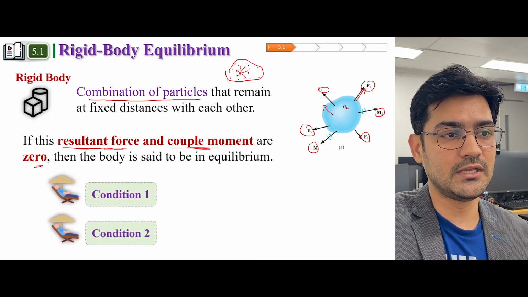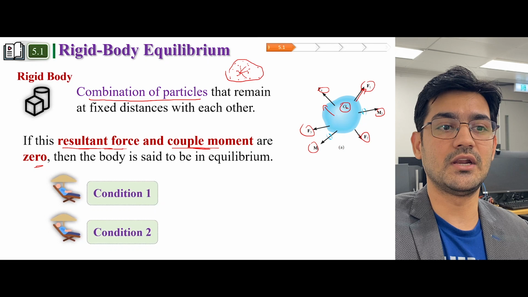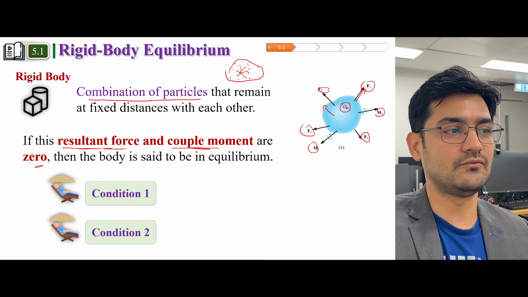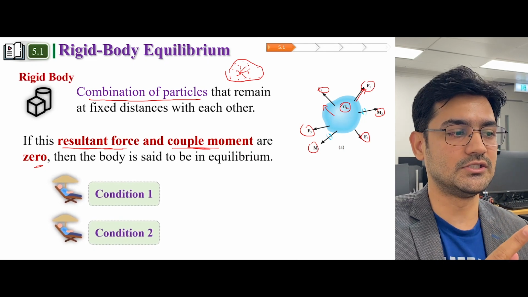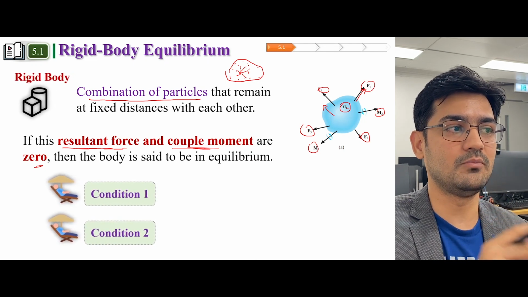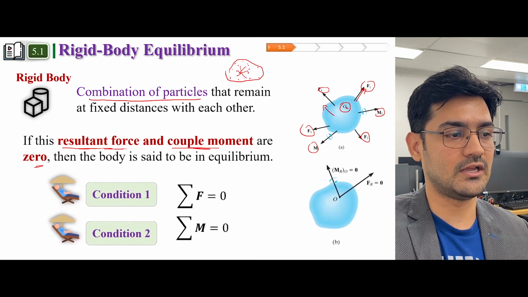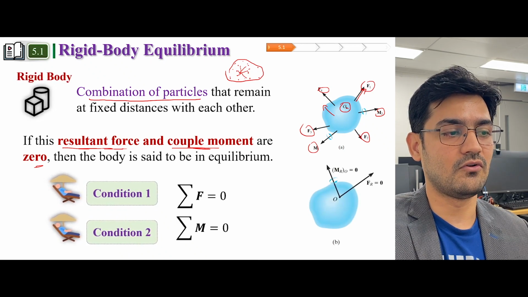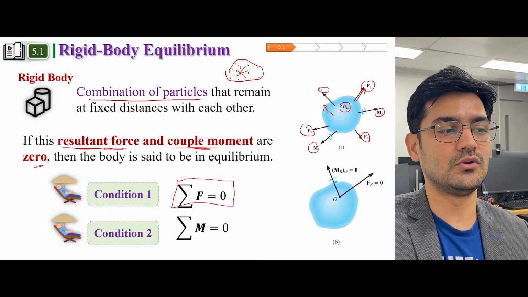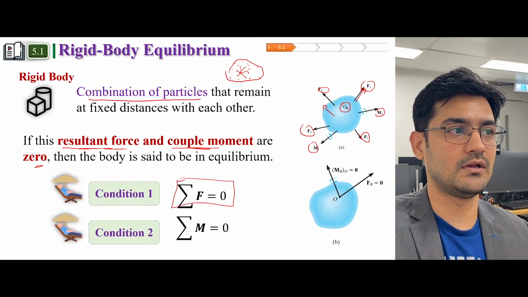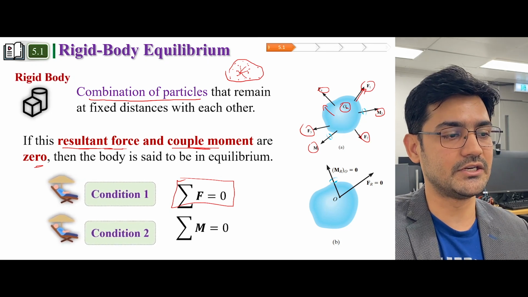Now we will go deeper into this arbitrary point O in later chapters, but for now you have to understand that there are two conditions for a body to be in equilibrium, and the first condition is that the summation of all the forces is equal to 0, as was discussed in the equilibrium for a particle related chapter.